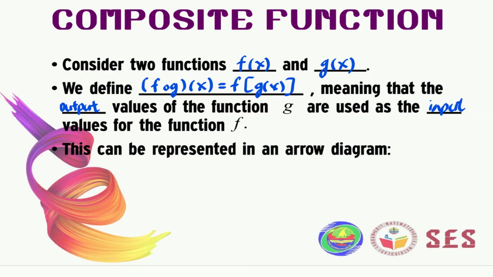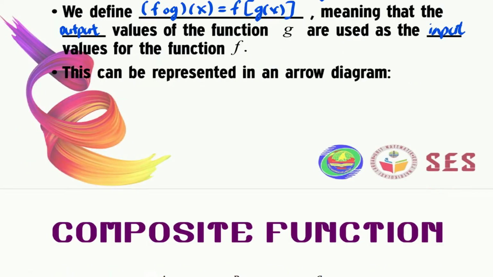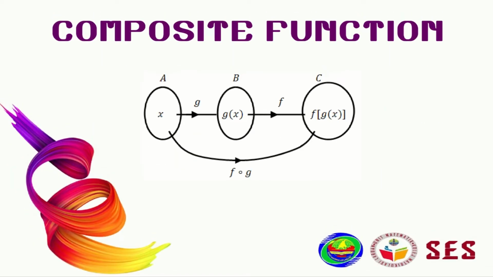This definition can be represented in an arrow diagram. Please look at the arrow diagram here. We have x as the input for the function g, and now we have g(x). These output values of g(x) are being used as the input values for f. So that is what we call f of g.